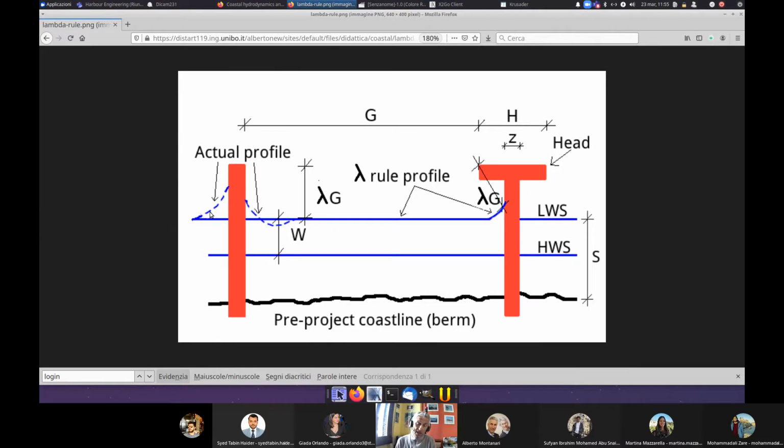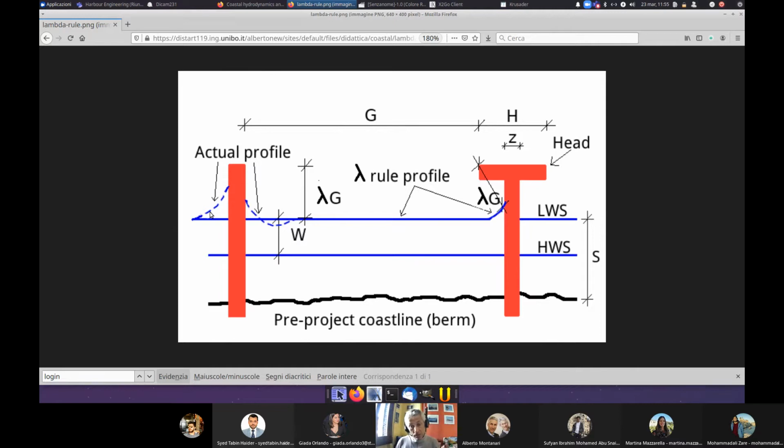The actual profile is not really a straight line connecting the two groins. It's reaching the shape of a U, okay? And with a higher deposition on the left side in this case, which is the updrift. Updrift means that it's facing the coming direction of the waves. So the groin is trapping the sand.